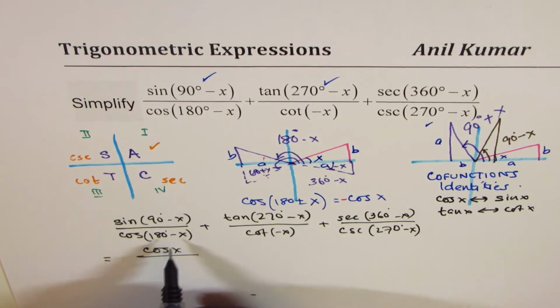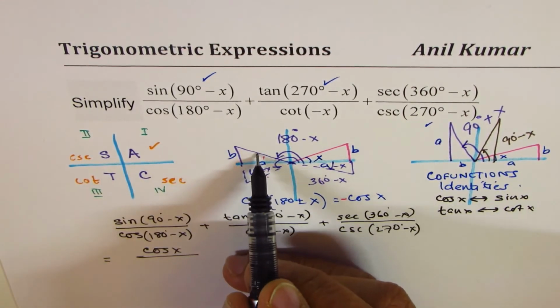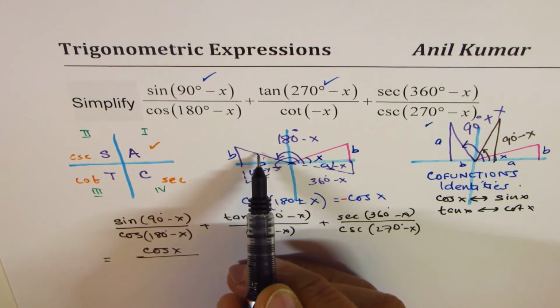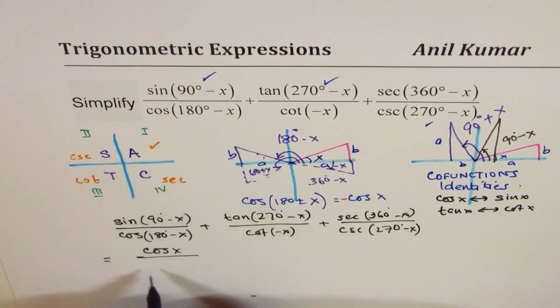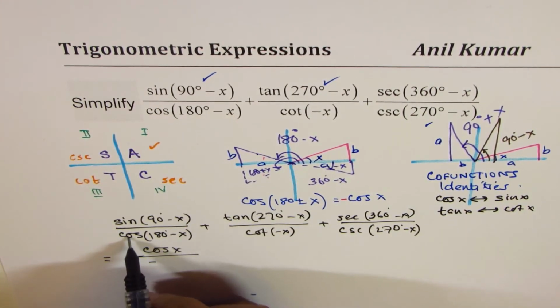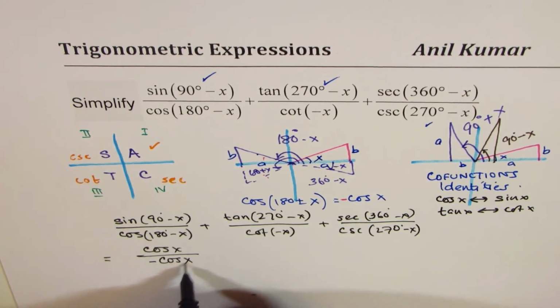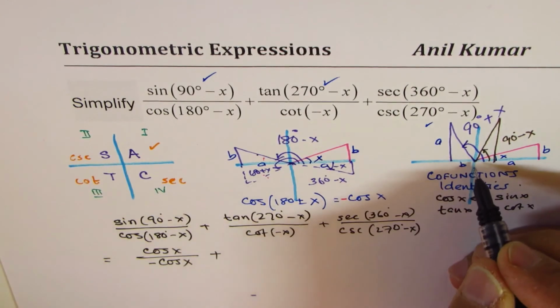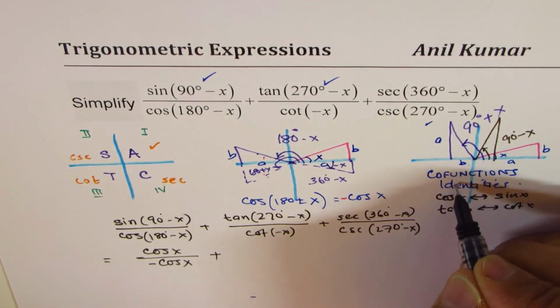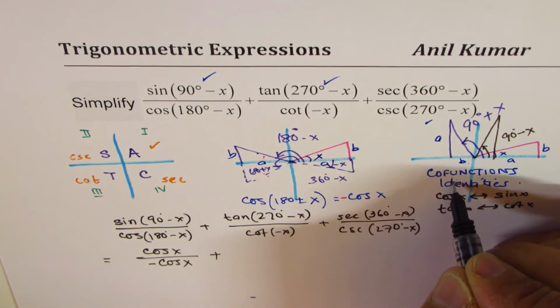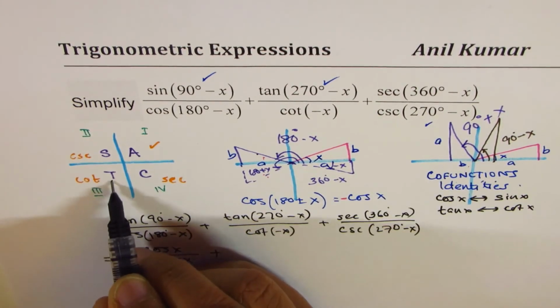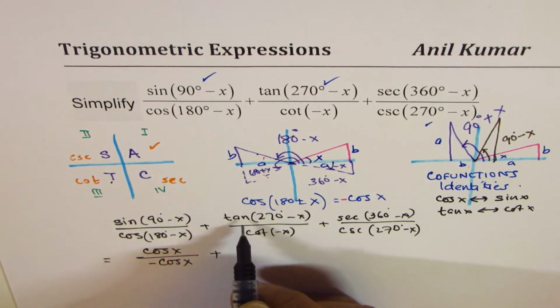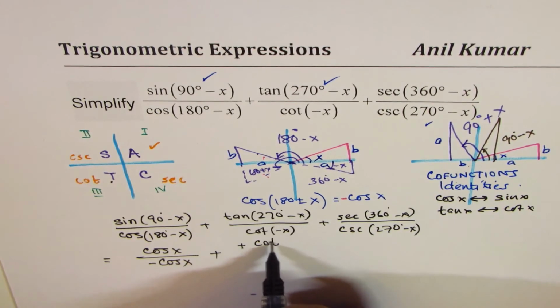Cos 180 minus x means we are in this quadrant, 180 minus x. Quadrant 2, cos is negative, so it has to be negative, but cos remains as cos. So it is again cos with a minus. Tan 270 minus x is kind of like this. 270 minus x, you are in quadrant 3, where tan is positive, so it remains positive, but tan becomes cotangent x.